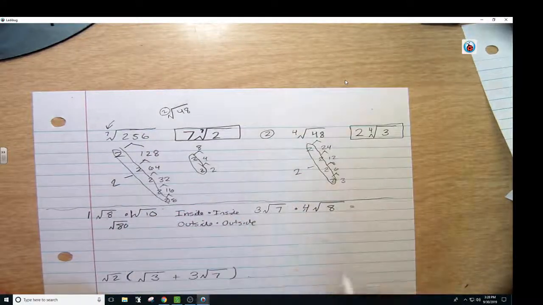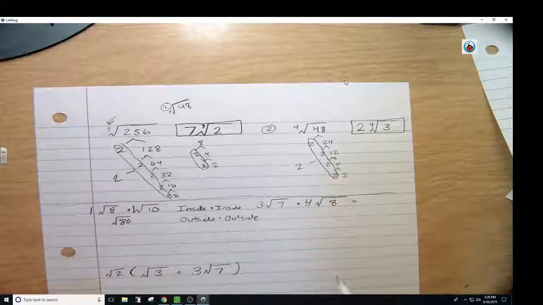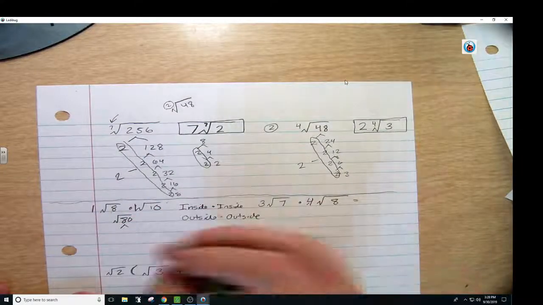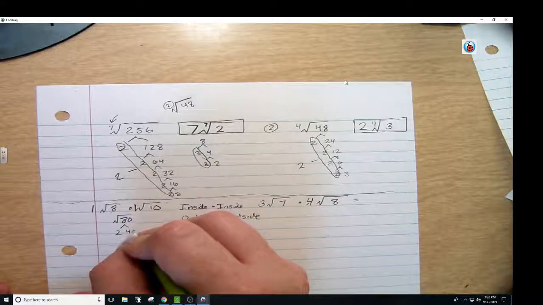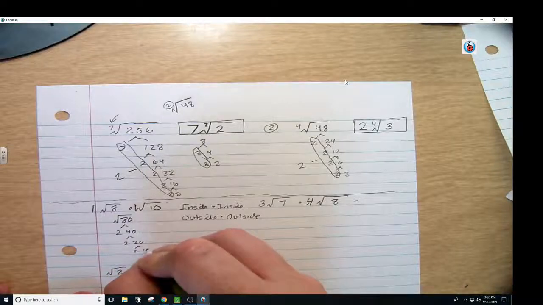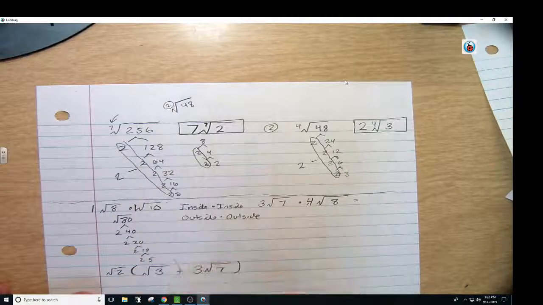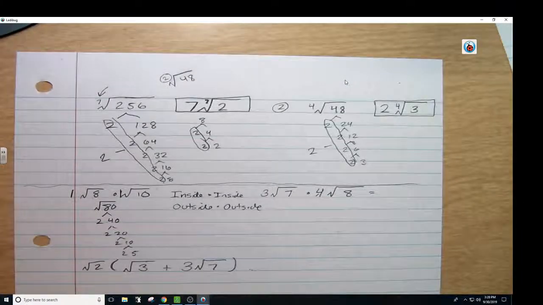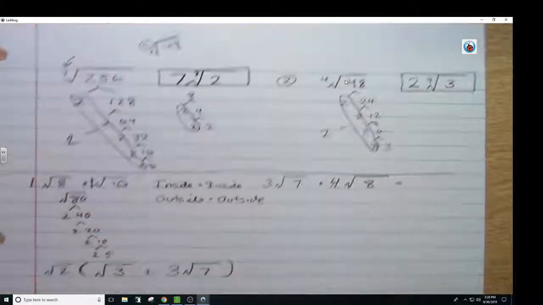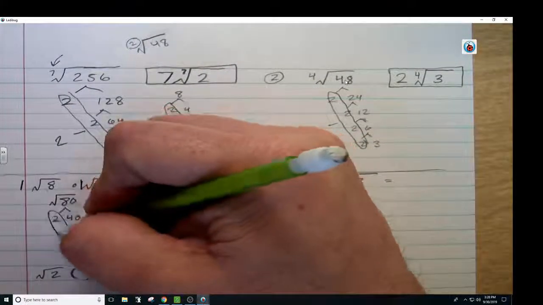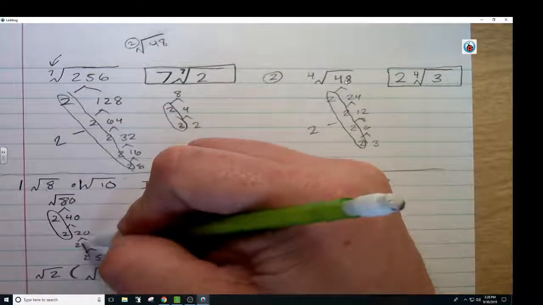Now, you cannot leave it that way. You need to simplify that. Remember, our index here is 2 because it's not given. So it's 2 and 40, 2 and 20, 2 and 10, 2 and 5. Now, we are circling groups of 2, any like numbers that have 2 numbers the same.